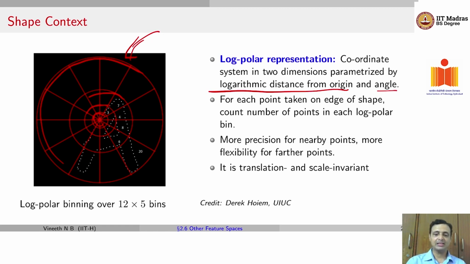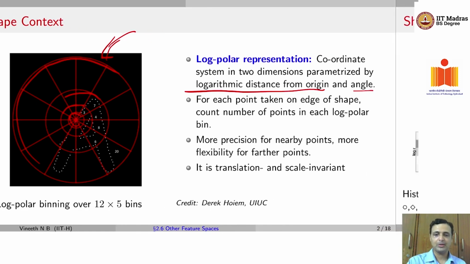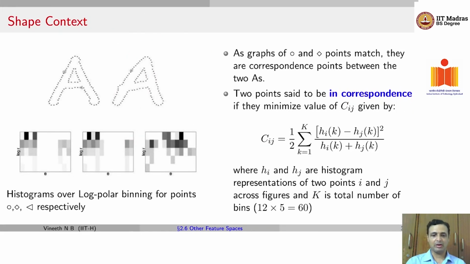So as you can see, there's more precision for nearby points, very similar to the Gaussian kernel, where you give more weightage to nearby points, and then more flexibility for farther points around that pixel where we are considering the representation. To some extent, this representation is translation and scale invariant, depending on the size of the neighborhood you take. Let's study this in a bit more detail.